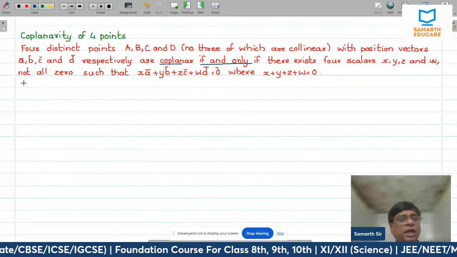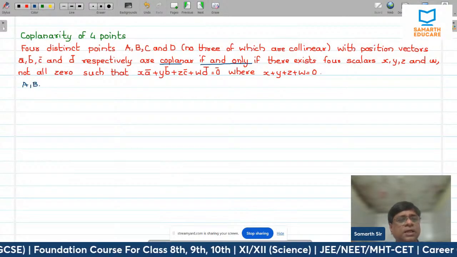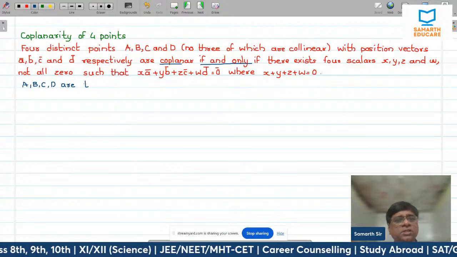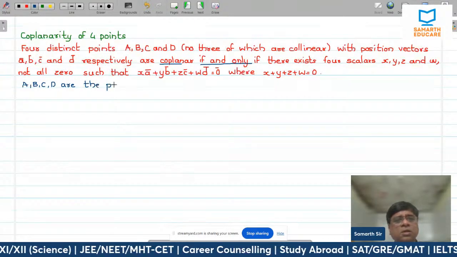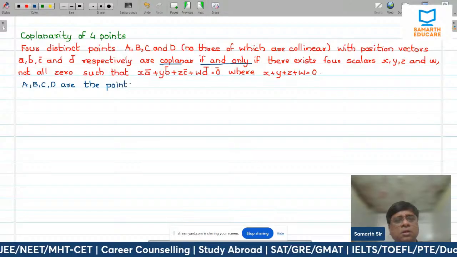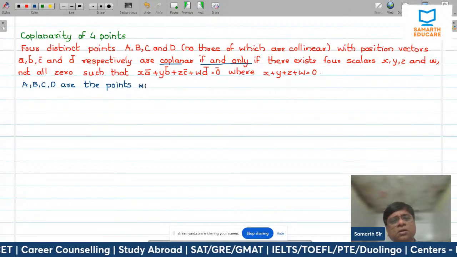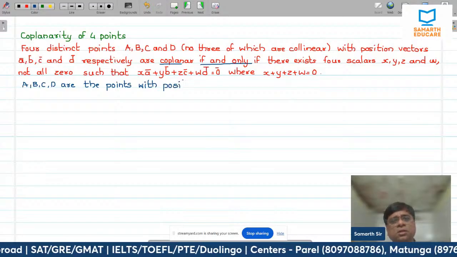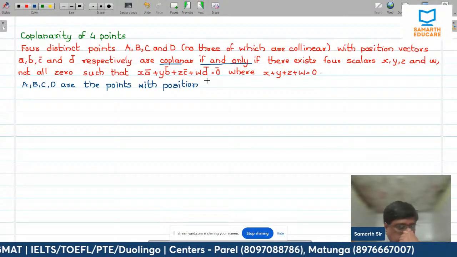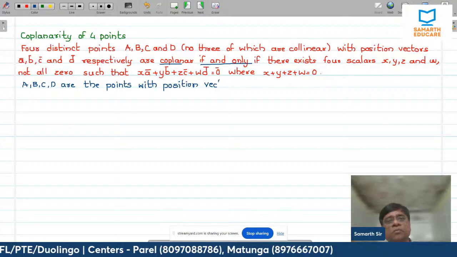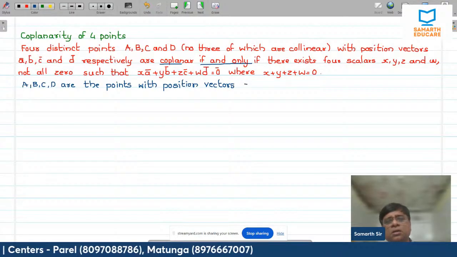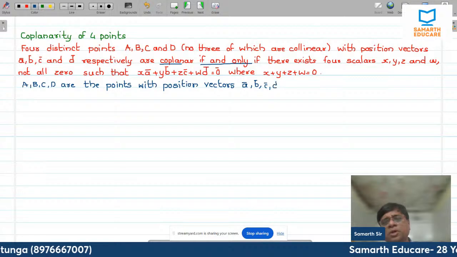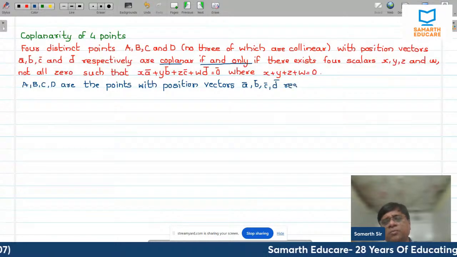Now A, B, C, D are the points with position vectors A bar, B bar, C bar, D bar respectively.